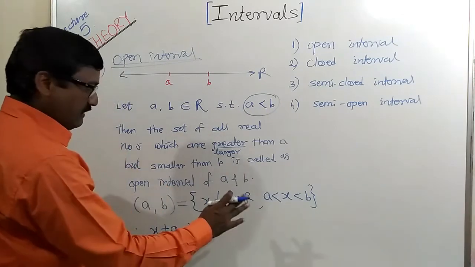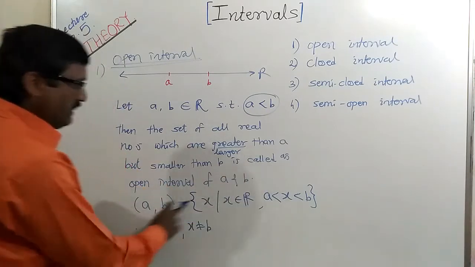So x is greater than A and less than B. Means in this case A and B are excluded.